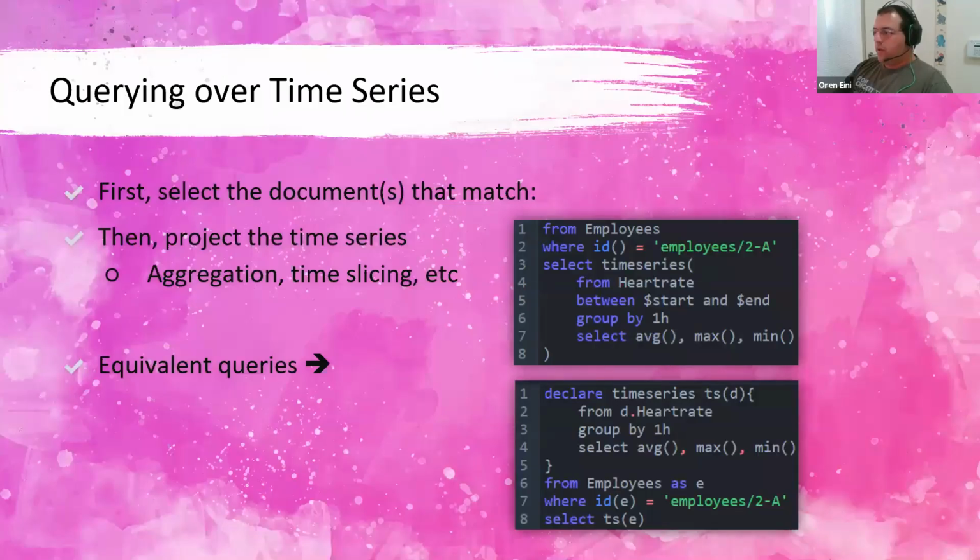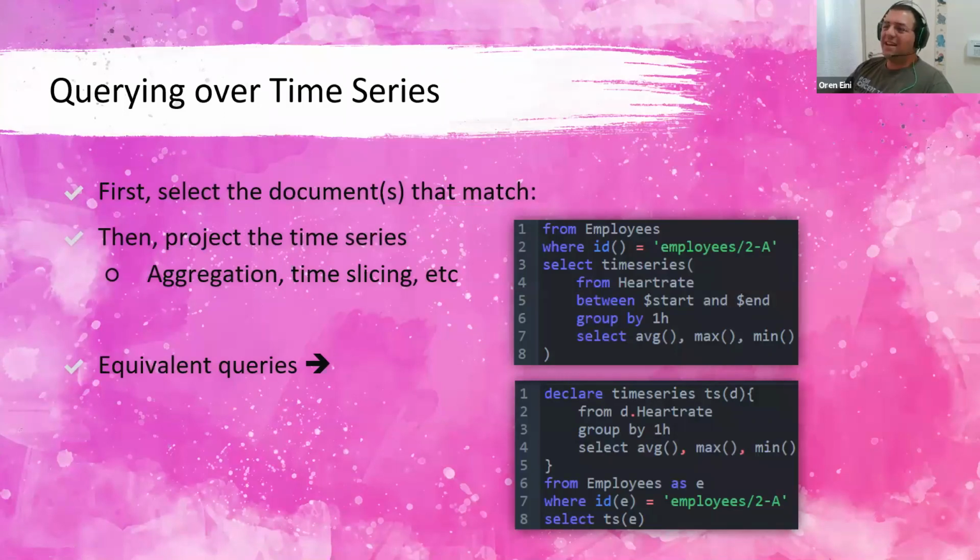Okay, so notice that this and this are exactly the same. The RQL provider is actually going to turn this into this automatically. Remember that it's going to be important in just a little bit.